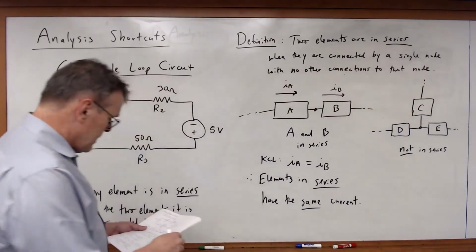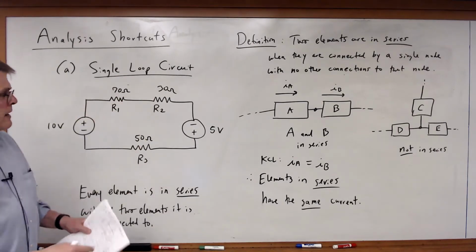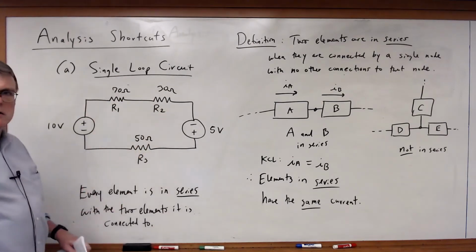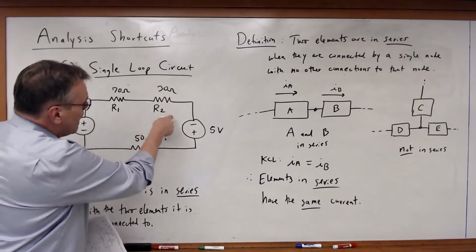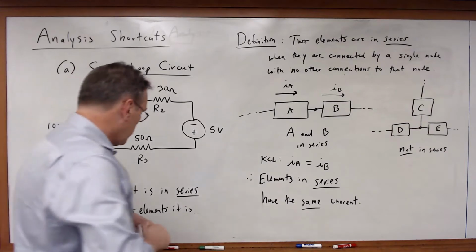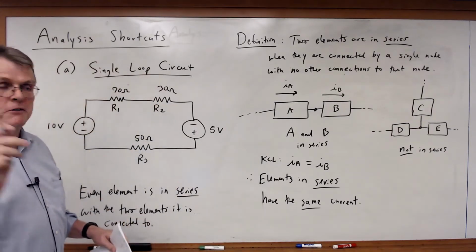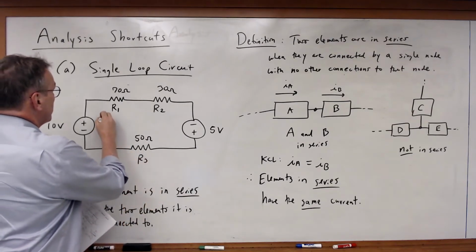So in this case, I can look at this single loop circuit, and I can say all these elements are in series. I don't need to define a separate current variable for each one of these. In fact, what I can do is I can define a single current. Let's do that.